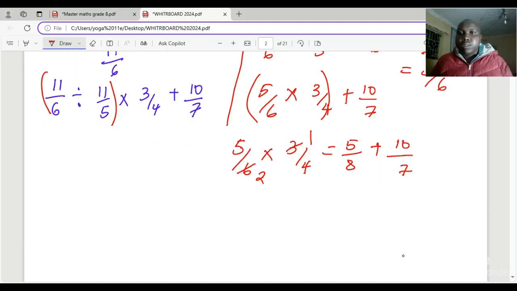Find the LCM of 8 and 7. 56. So 8 goes into 56, 7 times 5, 35.